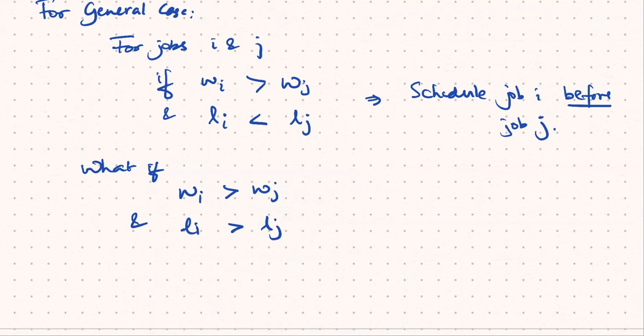So the attempt here is, can we somehow combine these two parameters into one single parameter? We'd like to fuse them into a single value, which we will call a score. For each job, we'll fuse the weight and length into a single score, and then we will simply say the job which has a higher score will be scheduled before a job which has a lower score.